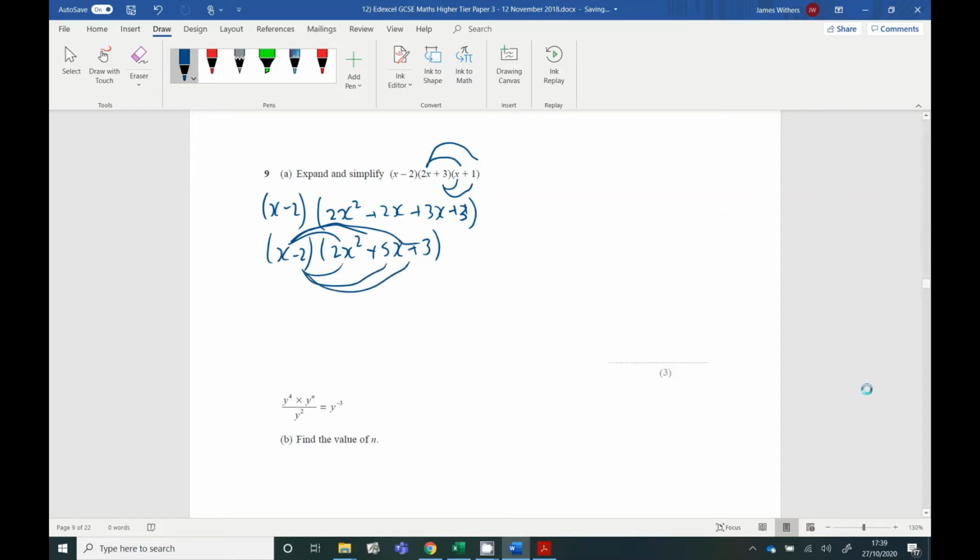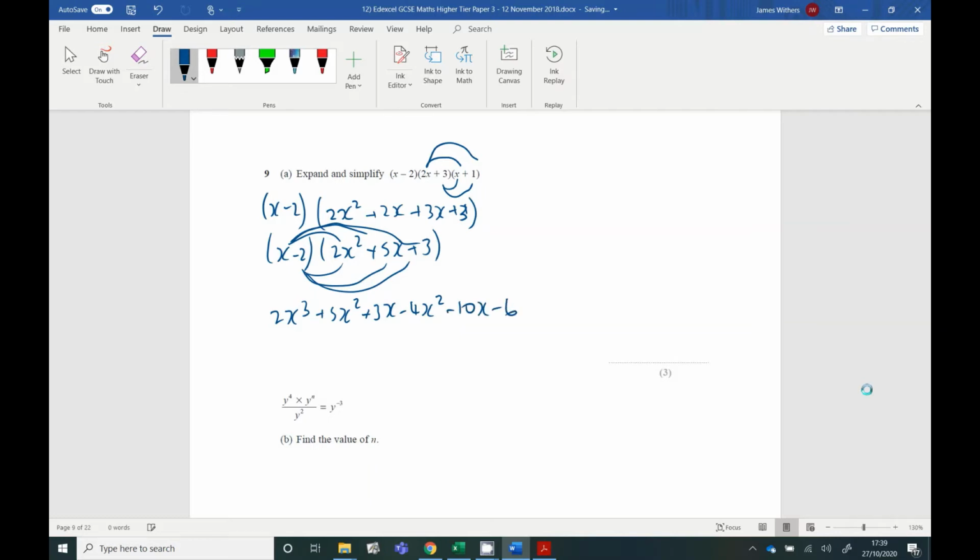So that's going to give us, claw number 1 is going to give us 2x cubed. Claw number 2 will give us plus 5x squared. Claw number 3 will give us plus 3x. And down to the minus 2, that first claw on the bottom will give us minus 4x squared. Then minus 10x. And then minus 6.